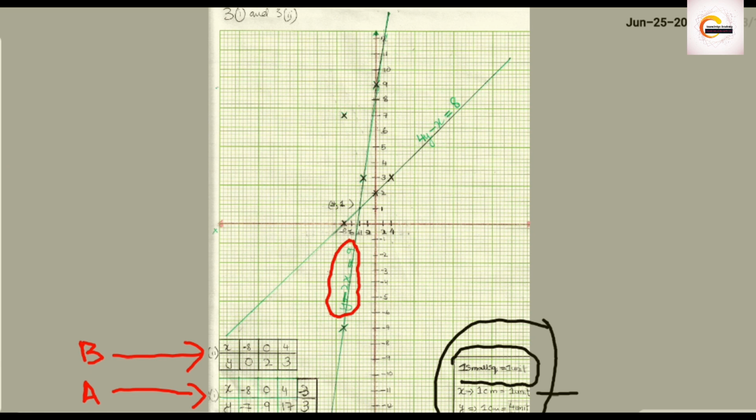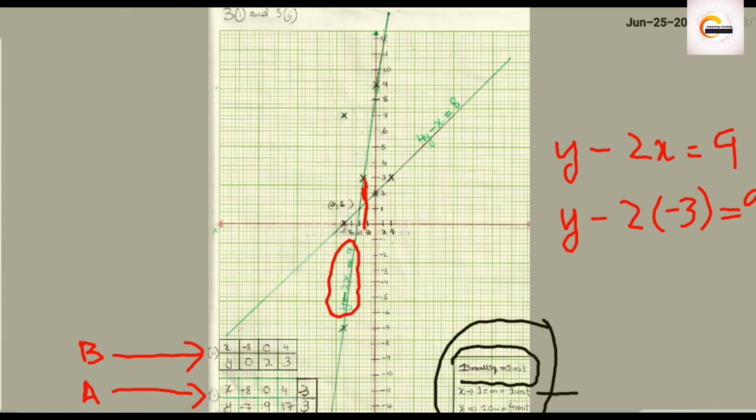I have seen that this line is cutting 3 and 3, so I put the value in y minus 2x equals 9. 2 times minus 3 is minus 6, so y plus 6 equals 9, and y equals 9 minus 6, which is 3.